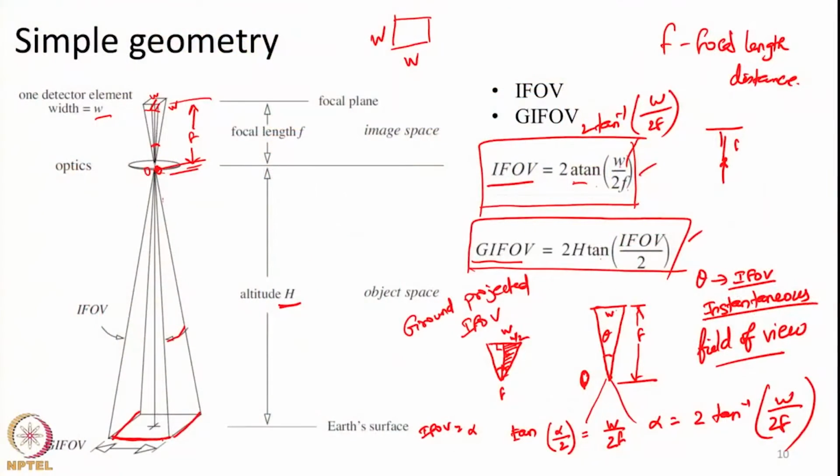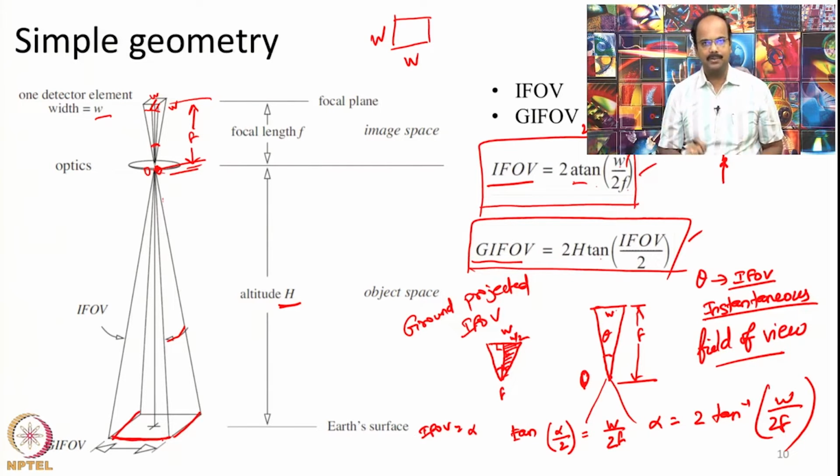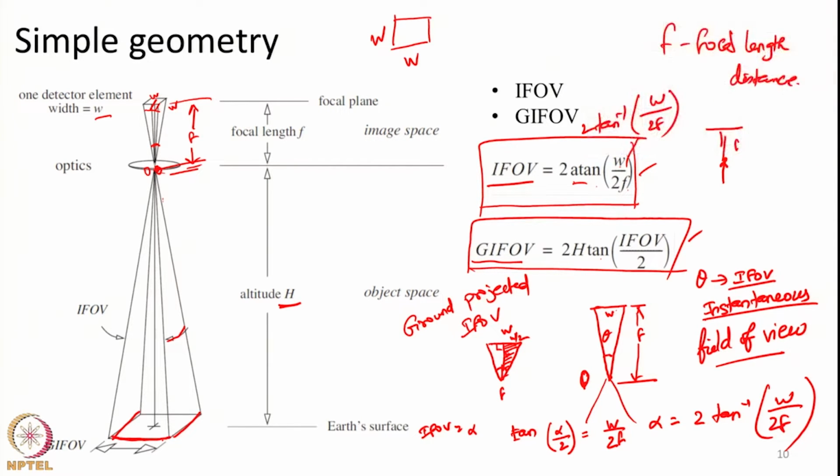If you take the orbital height into account and combine it with this IFOV, we get the ground size subtended by each detector element, determined by the IFOV angle and the orbital height. We call that GIFOV, the ground projected IFOV.